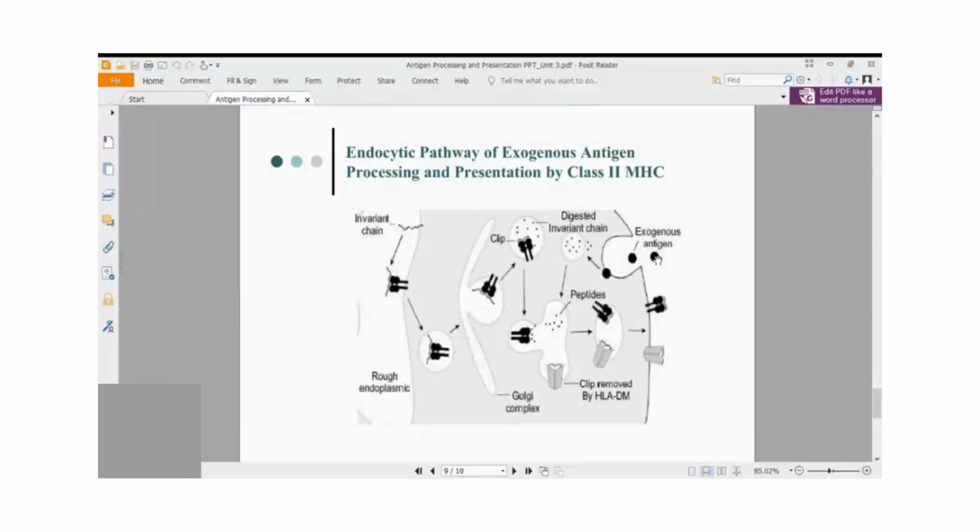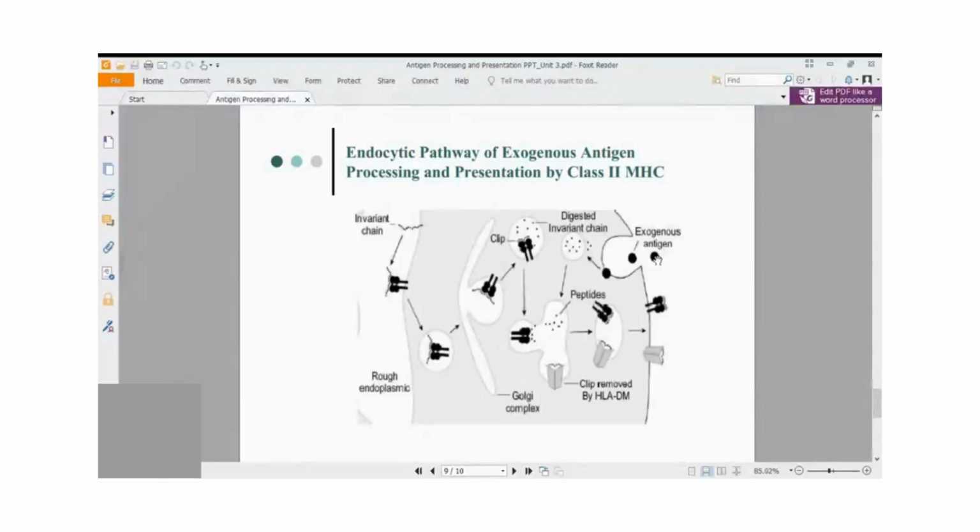Remember, I had mentioned those receptors when discussing pathogen associated molecular patterns: the toll-like receptors, TLRs, and pathogen recognition receptors, PRRs.